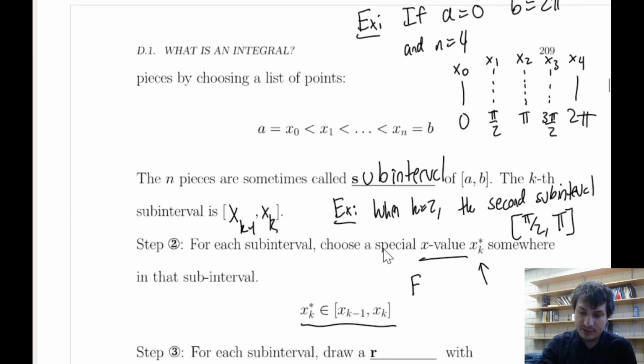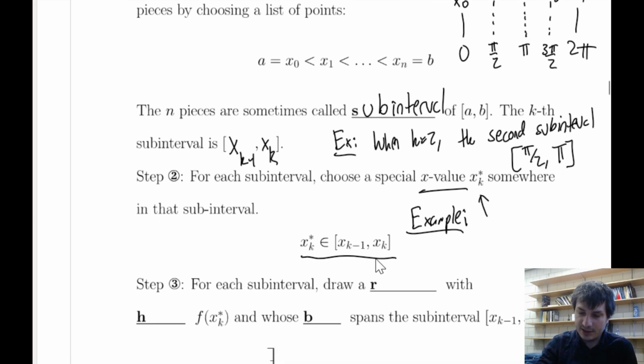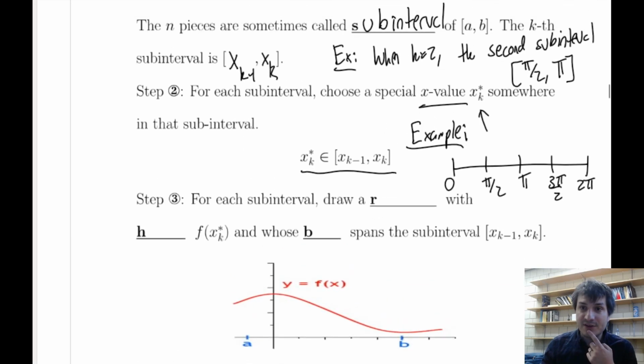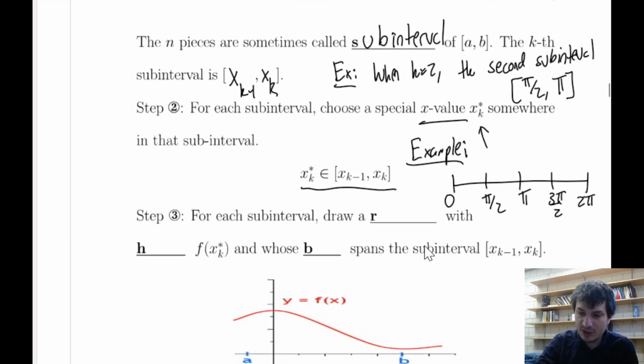For example, in my example with 4 subintervals, 0 to pi by 2 to pi to 3 pi by 2 to 2 pi, I have to choose a special point in each one. You could, in principle, pick some zany thing like that: this is x star 1, this is x star 2, this is x star 3, this is x star 4. You could do that.